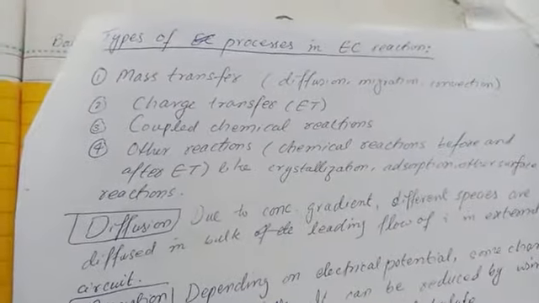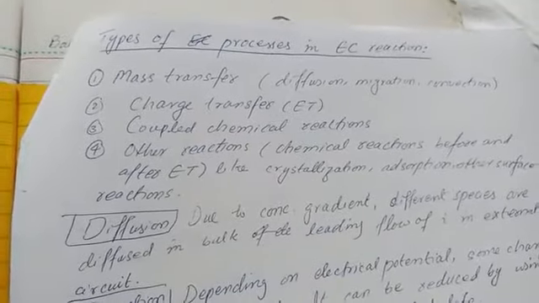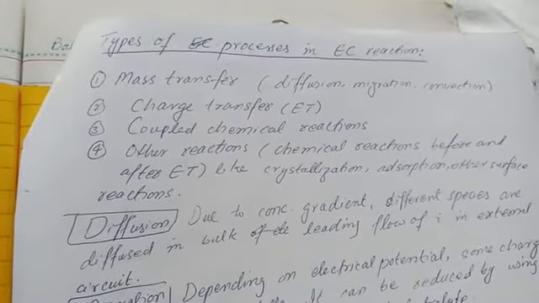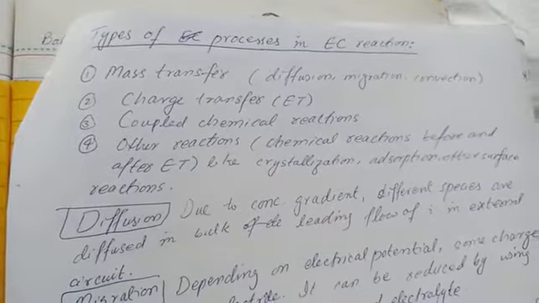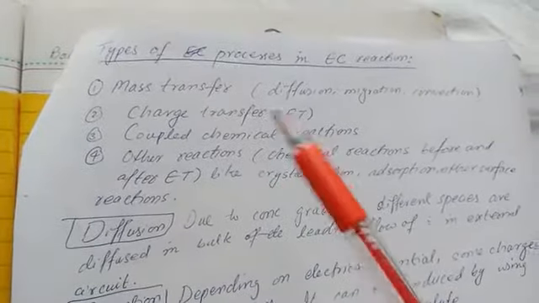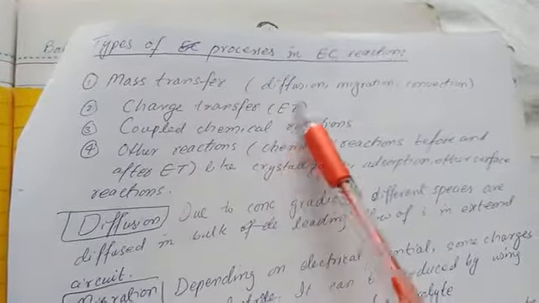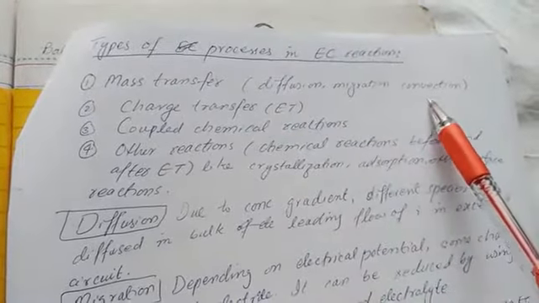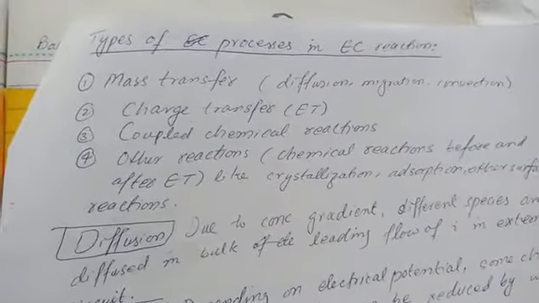From this discussion we can divide the electrochemical reactions taking place at the surface of the electrode into four types. The first one is mass transfer, which includes diffusion, migration and convection, and this mass transfer must be controlled for the correct determination of the electrode kinetics.